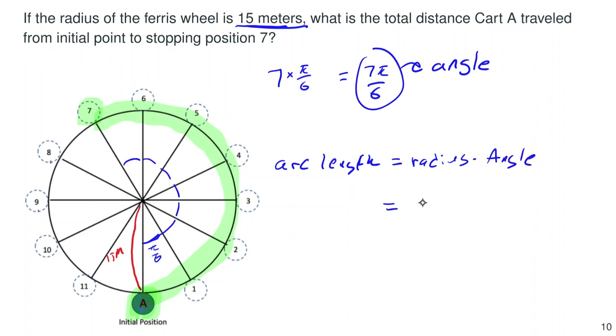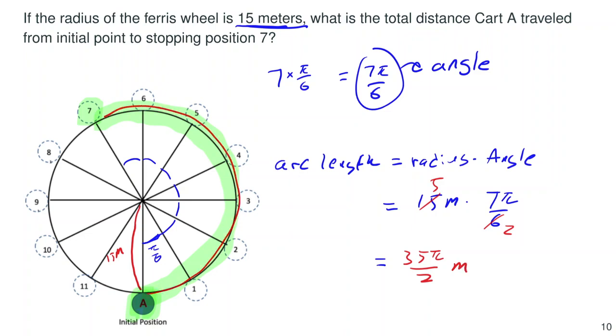So in this case, the radius is 15 meters, the angle is 7 pi over 6. Let's simplify this a little bit, 2 times 3, 5 times 3. So we have 35 pi over 2 meters. So this arc length is 35 pi over 2 meters.